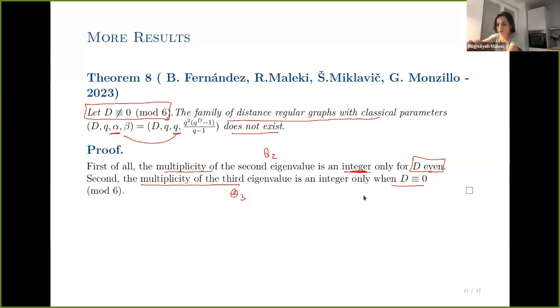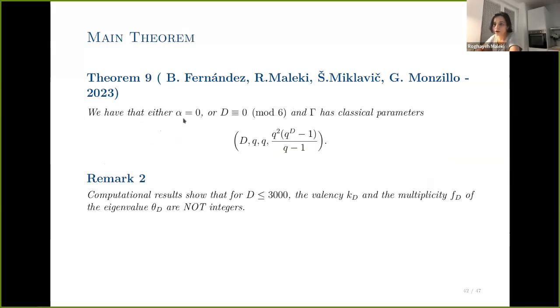But if we have this congruency here that D is congruent to 0 mod 6, or alpha equals 0, we could say that this can be a family of distance regular graphs with classical parameters that support uniform structure.